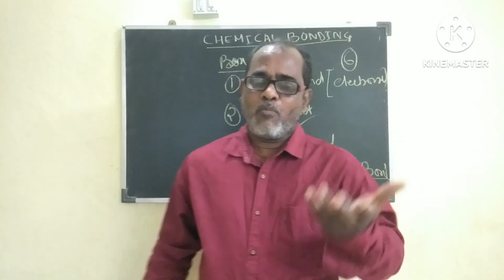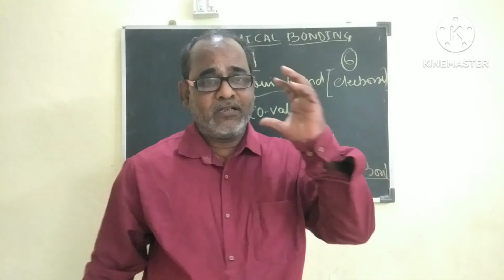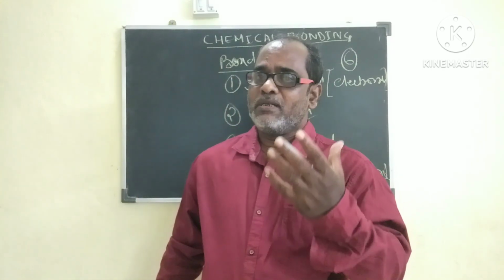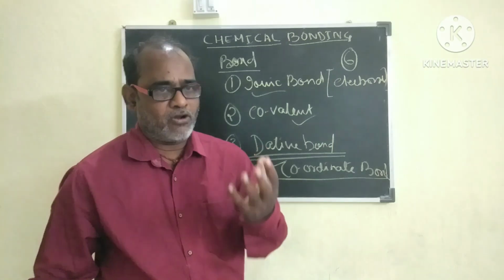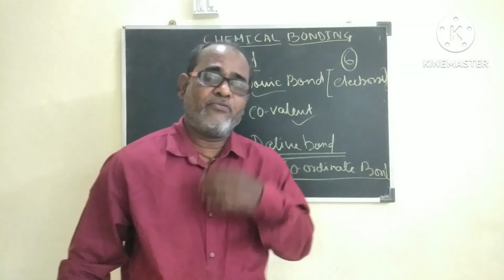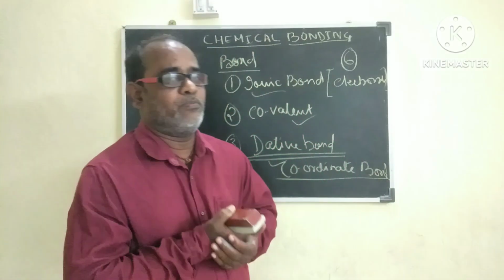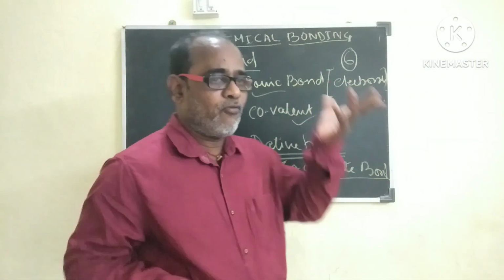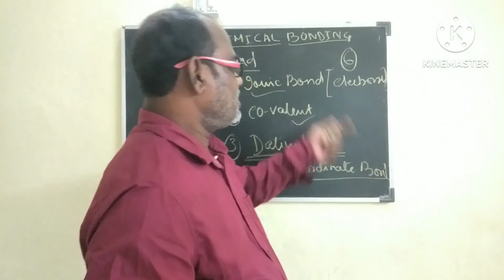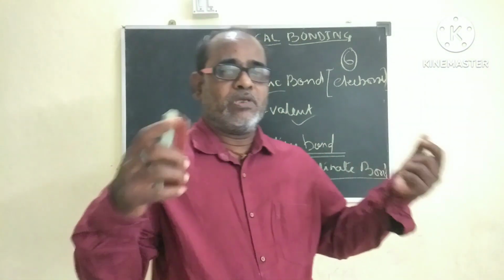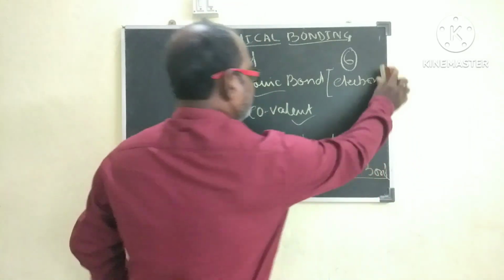Because by definition, a metal donates electrons and a non-metal accepts electrons. Due to this transfer of electrons from the valency shell, ionic bond is formed. Let us go with ionic bond first. I'll explain how ionic bonds are formed and what structures can be formed.